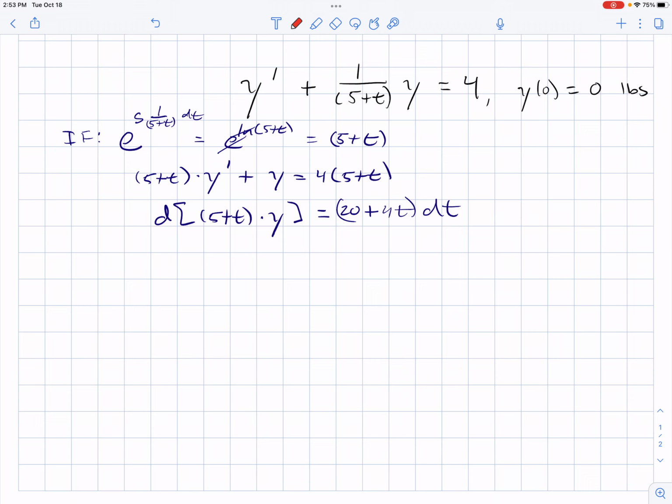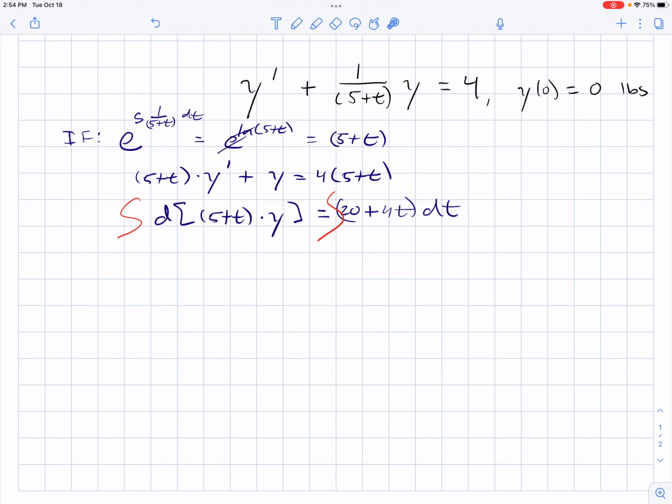But just to double check, we know that the derivative of this product here, the derivative of y is going to be y prime with the function in front, plus the derivative of 5 plus t is just 1, and then you have to leave the y function by itself.